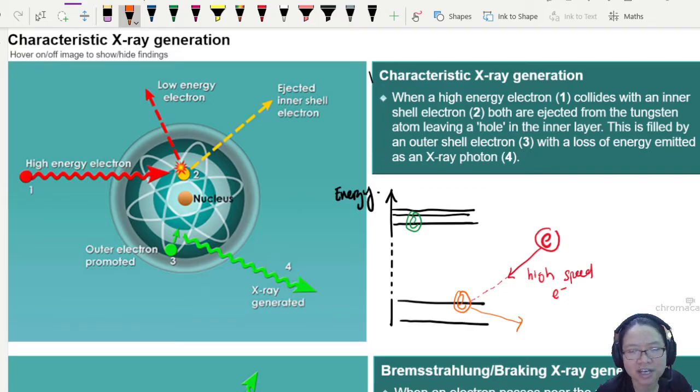Not here anymore, there's a vacancy, an empty spot. You may be thinking, wouldn't there be some X-ray photon because the high-speed electron will also slow down? That's right. That will contribute to the continuous X-ray spectrum. But what I want to talk about is the line. Because you see there's a vacancy, there's an empty room.